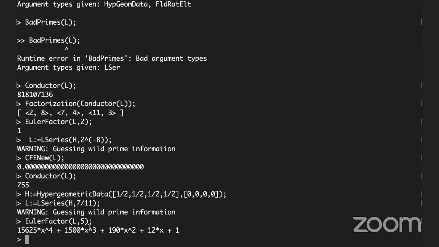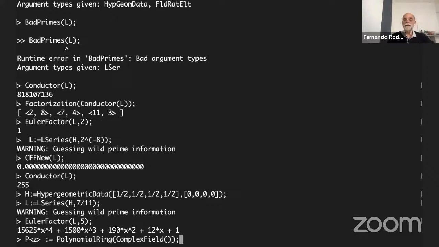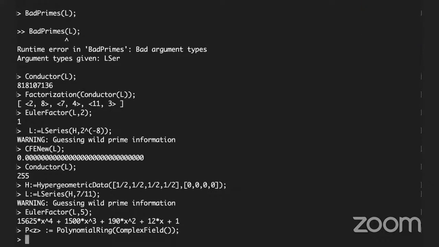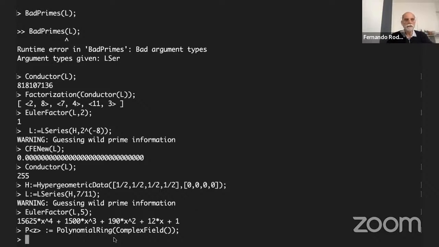Then I just computed the Euler factor for this situation for the prime 5. There's a lot hidden, yes, indeed. But what it's doing is computing these traces the way we said, by using these formulas with the characters and the Jacobi sums and so on. But all of that is under the hood.